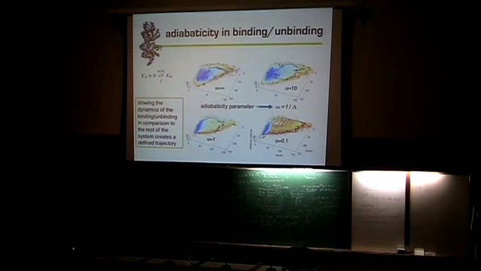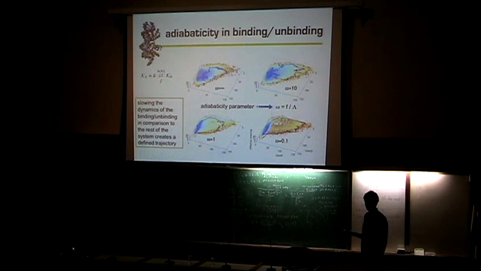Now, if instead you vary the omega, that's the same omega we were talking about a lot yesterday, the one that measures how fast the binding and unbinding to the DNA is compared to the other time scales of the system, then you see some differences.